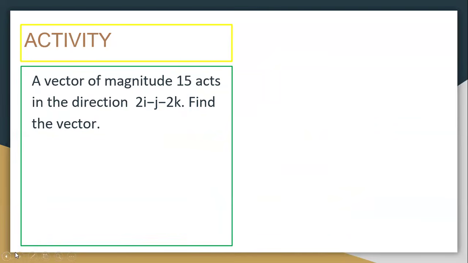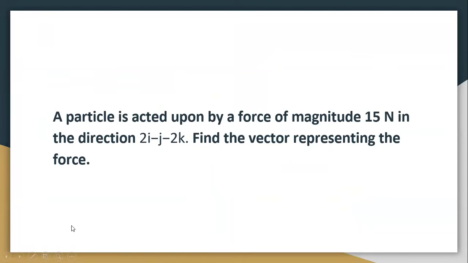Now, this same item I've given you can be set in this format. Hope you are seeing, members. So here I have specified that it is a force of magnitude this. Find in vector form the force.